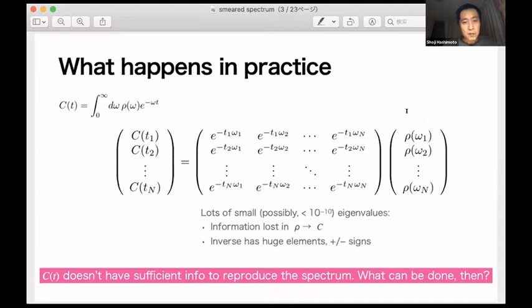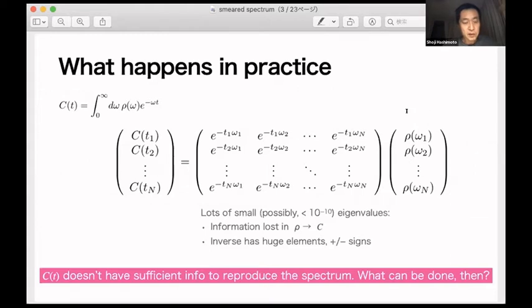So in other words, the matrix we are thinking about has very many small eigenvalues that could be 10 to the minus 5 or 10 to the minus 10. Some of them are extremely small, so the corresponding modes are lost when you do the Laplace transform.